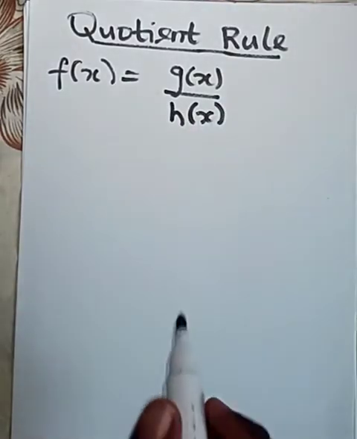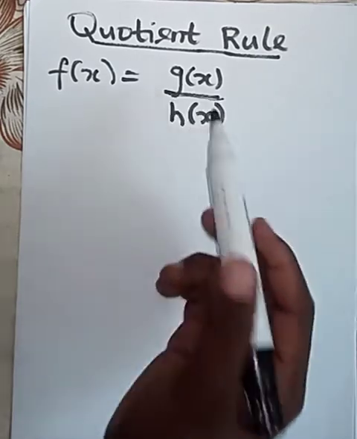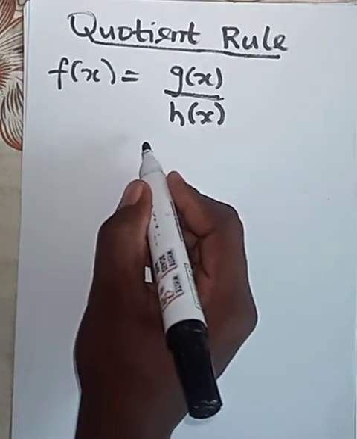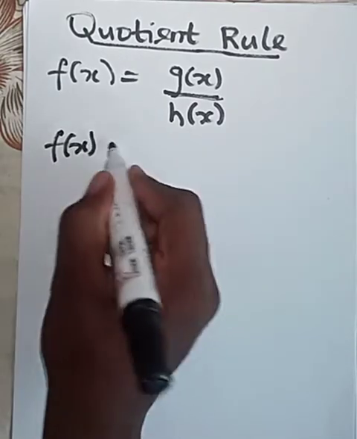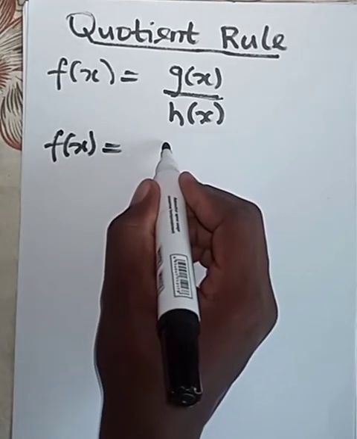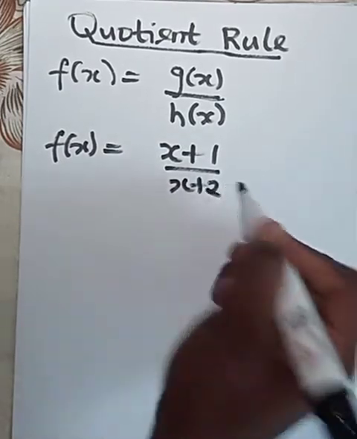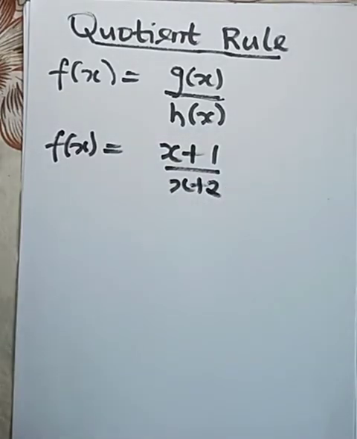That means functions which are separated by a division sign. For example, you're going to be given functions as such, maybe x plus 1 over x plus 2, and you're asked to find its derivative.